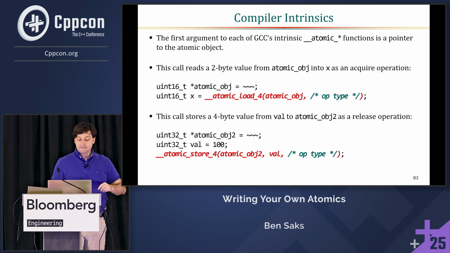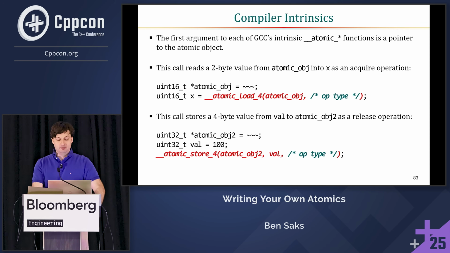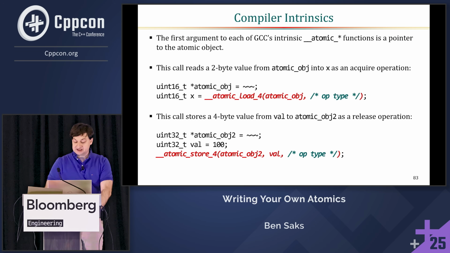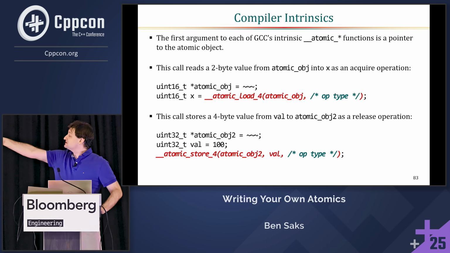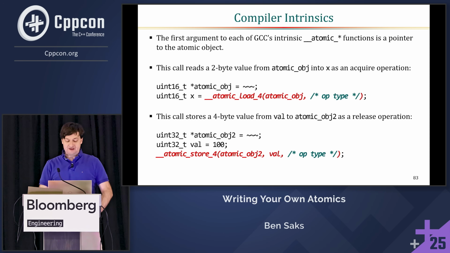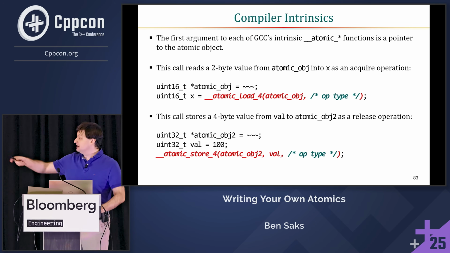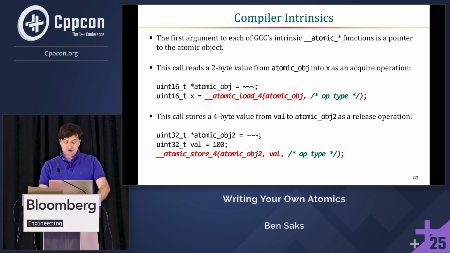So here, this first call reads a 2-byte value from the atomic object into X. And there's that extra argument there at the end, optype. I'll explain what's going on there in just a moment. And the second example does a 4-byte write to atomic object 2.